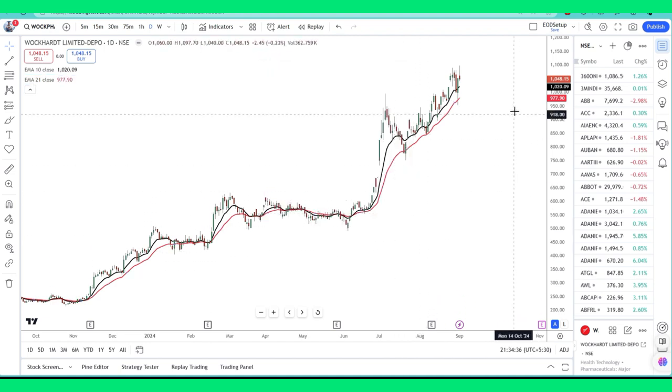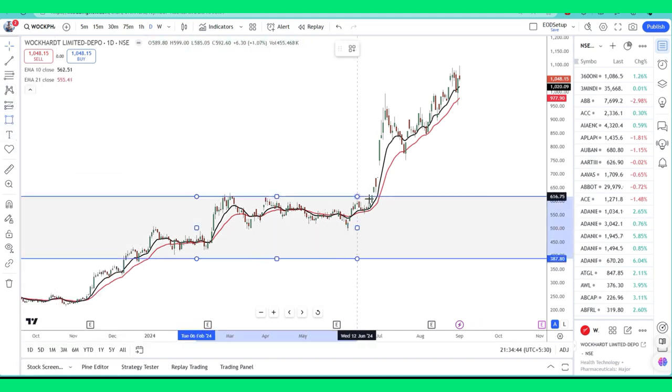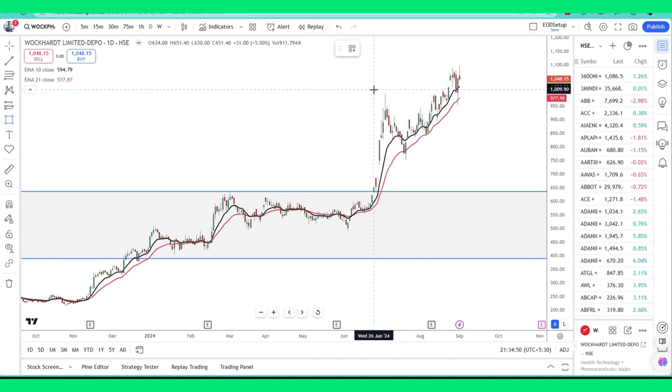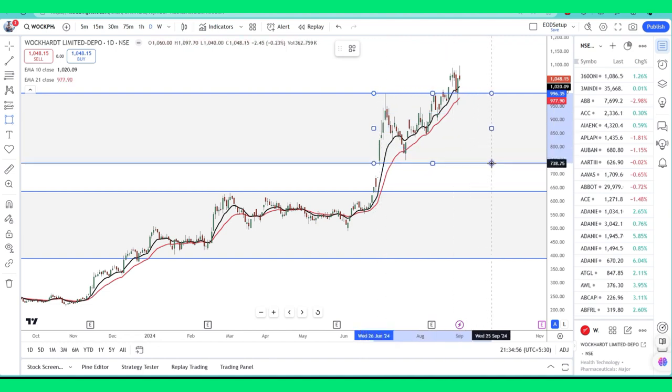Okay, so we can see that the stock did a beautiful base building here, and when it shot up till here, it made a pullback and is just now trying to break out of this base. You can also see there is a huge gap up here which looks like a runaway gap.